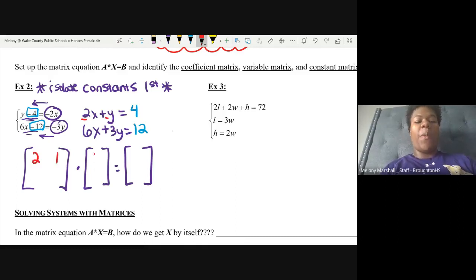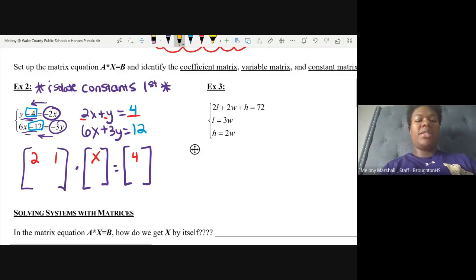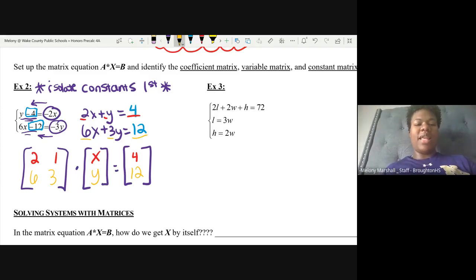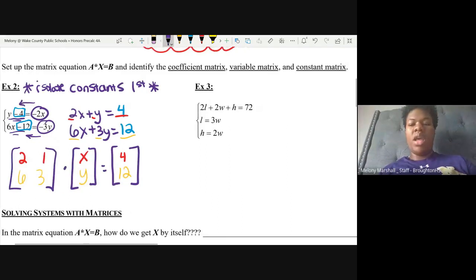But don't forget, X goes first, and then 4. And then 6, 3, 6, 3. And don't forget, Y goes next, and 12. And that's your matrix. All right, last one to set up is example number 3.